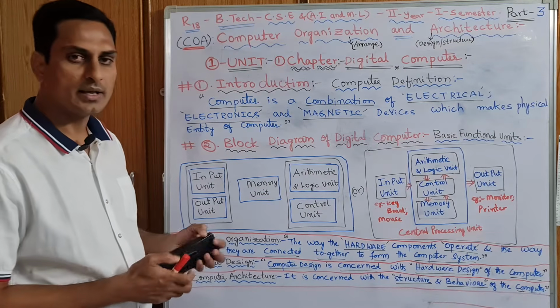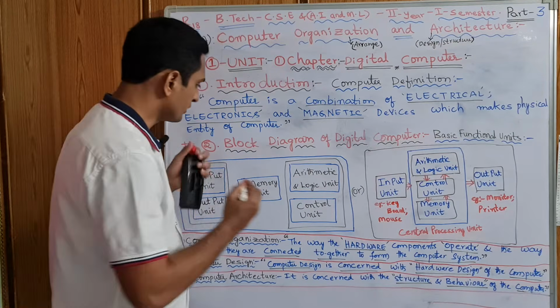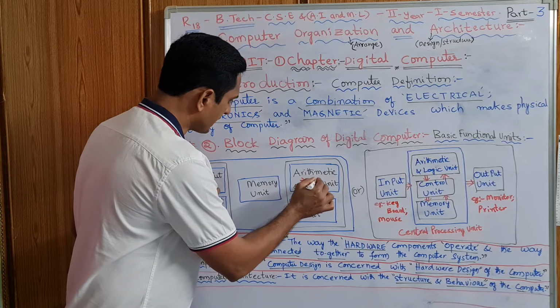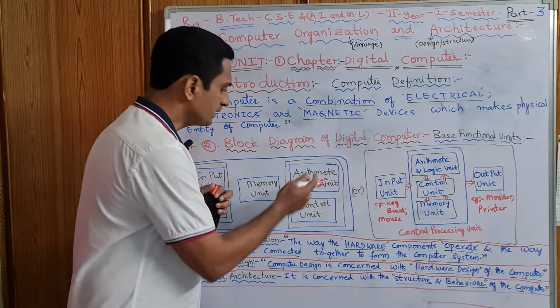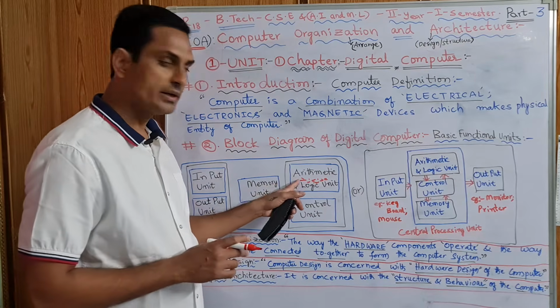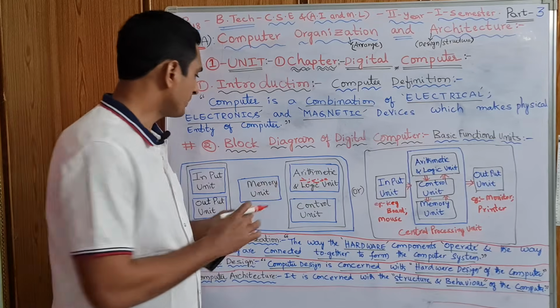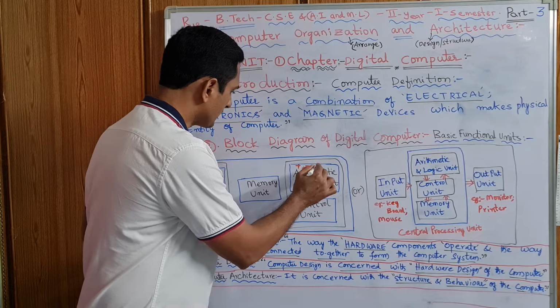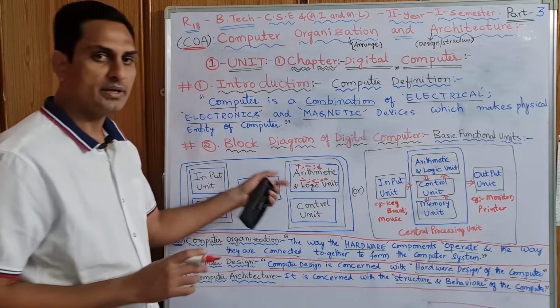Logic: greater than, less than, greater than or equal to. I already told you in my previous video. This type of logic function will be operated in this unit, in this device. Arithmetic means addition, subtraction, multiplication, division. This will be operated here.